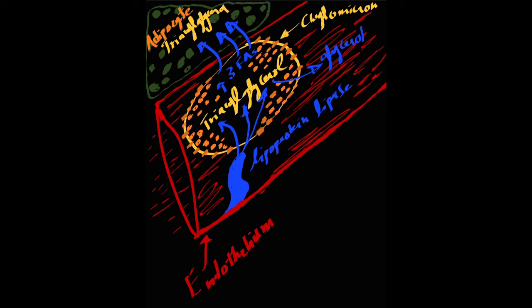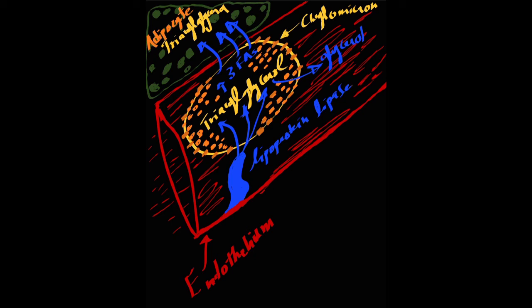The majority of dietary TAGs, excess dietary TAGs, are stored in adipose tissue. In fact, 90% of the adipocyte mass is in the form of triacylglycerol.